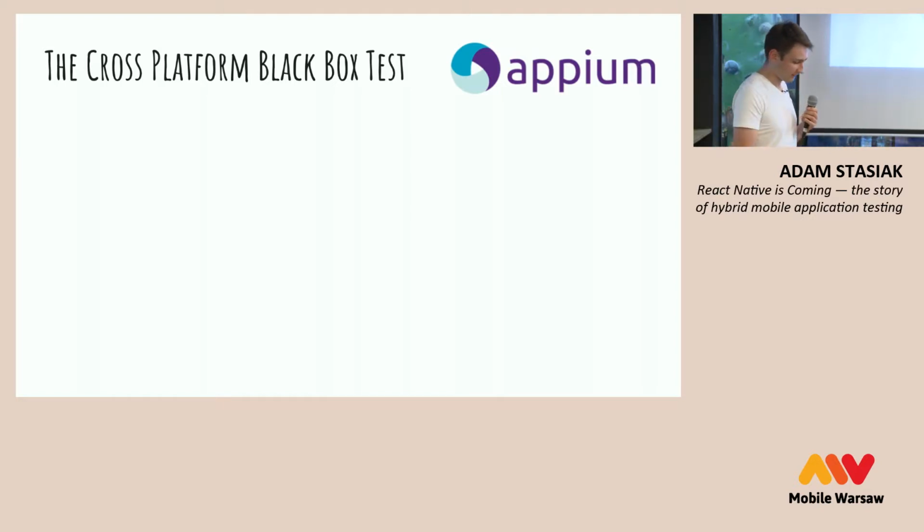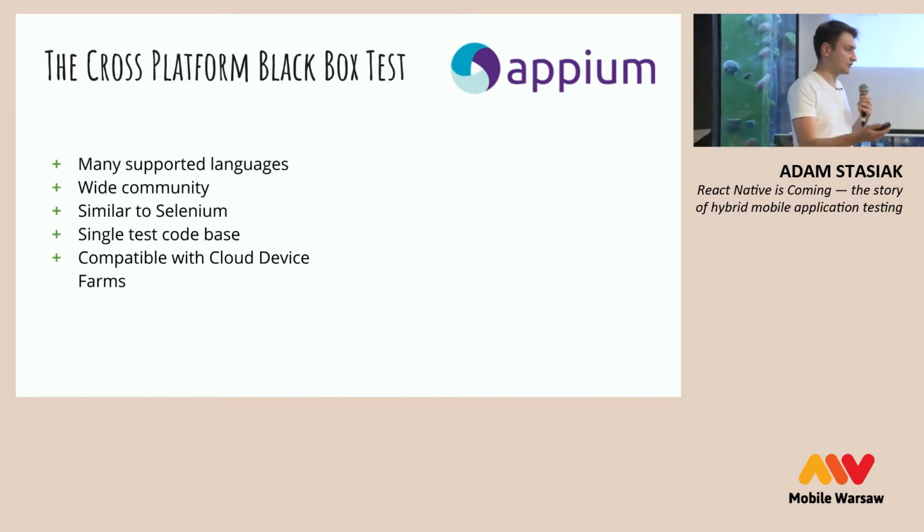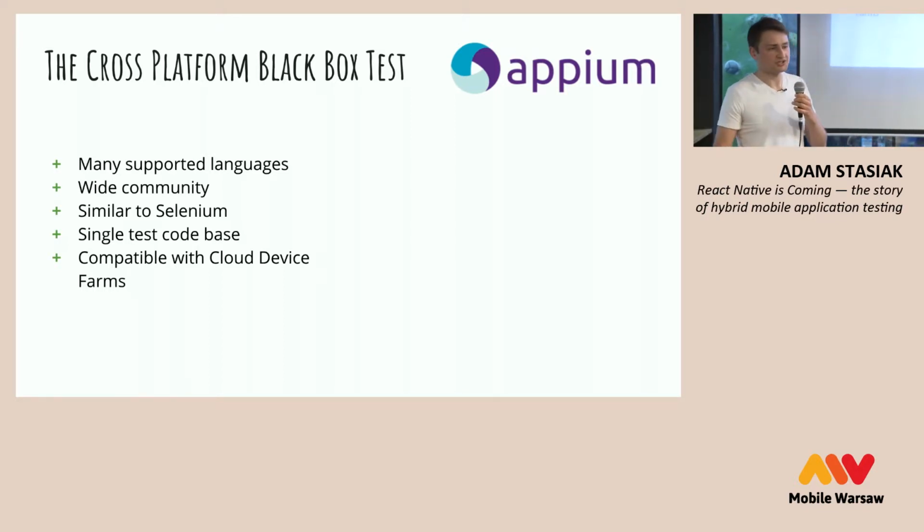So in this place, we have many pluses, like we have support for many languages because Selenium is compatible with Java, JavaScript, etc. So we can write in the language that we like and choose the proper one for our repo. Also, we have wide community. I mean, Appium is the most popular framework, so everyone had the same problems as we can meet in the past. So we can easily find the solutions for all our troubles in test development.